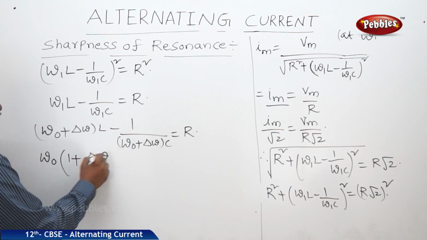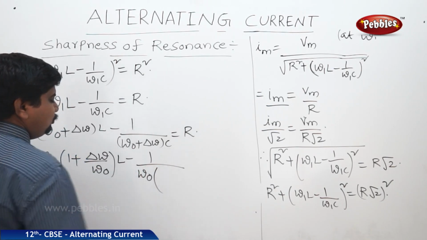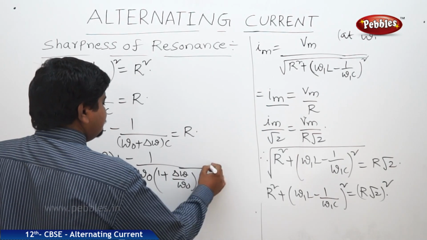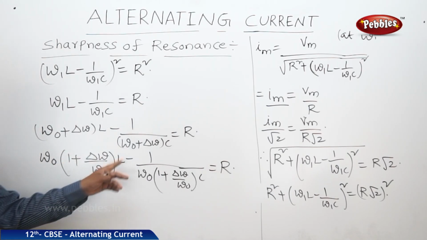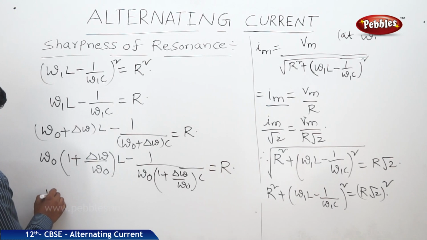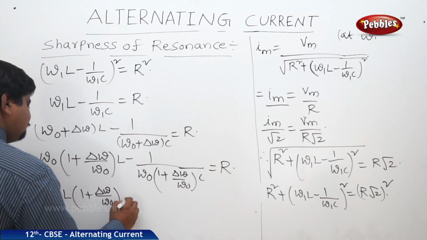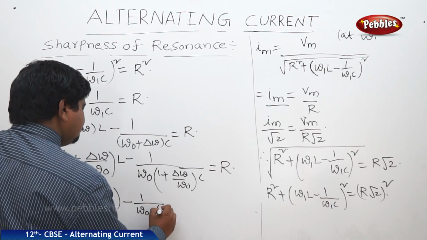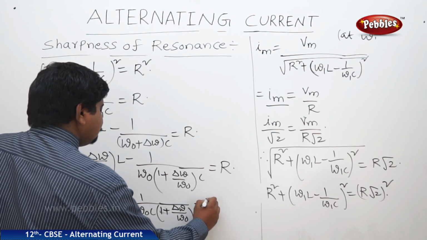We get omega naught L into (1 plus delta omega by omega naught) minus 1 by omega naught C into (1 plus delta omega by omega naught) is equal to R.